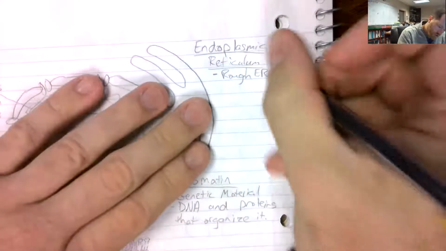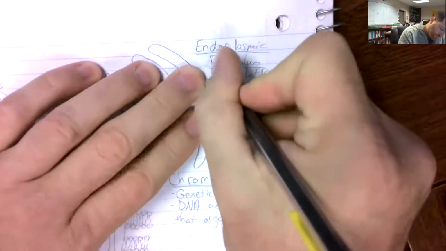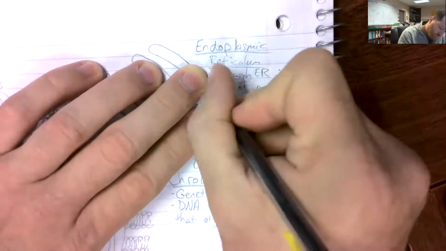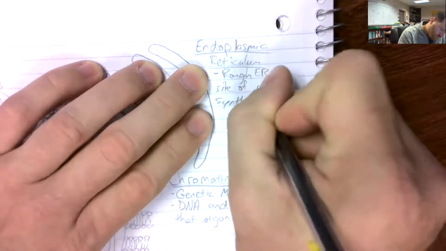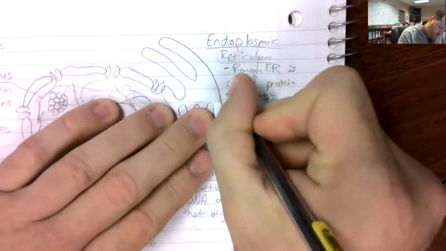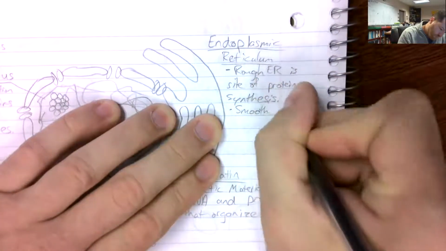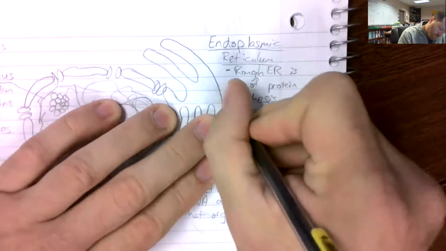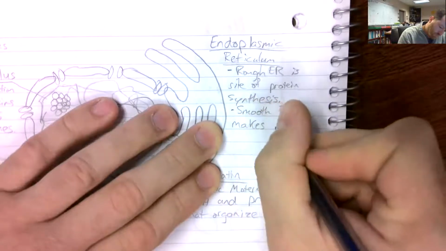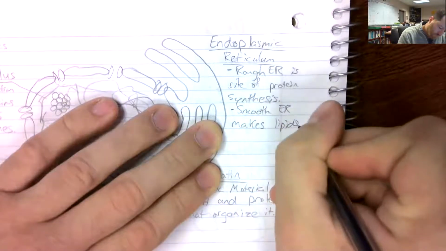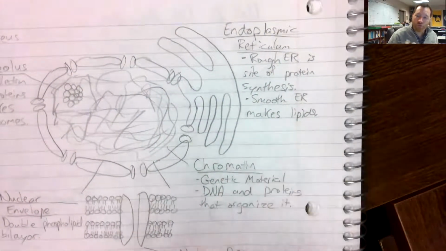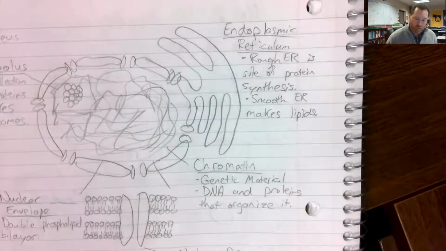The rough ER is the site of protein synthesis, and the smooth ER makes lipids. So there's two types. We'll talk more about those two types a little bit later.